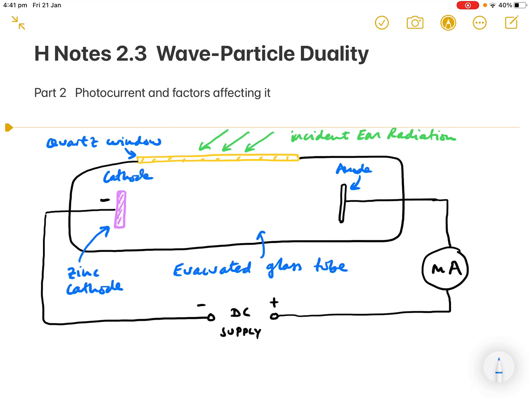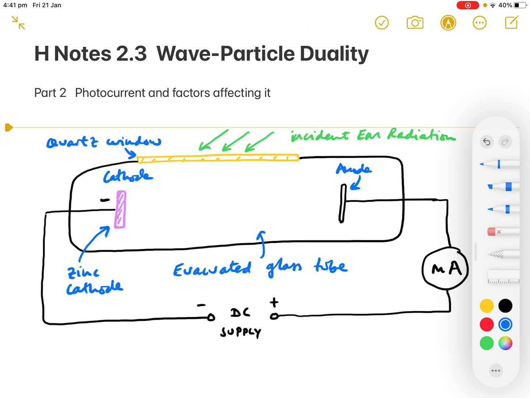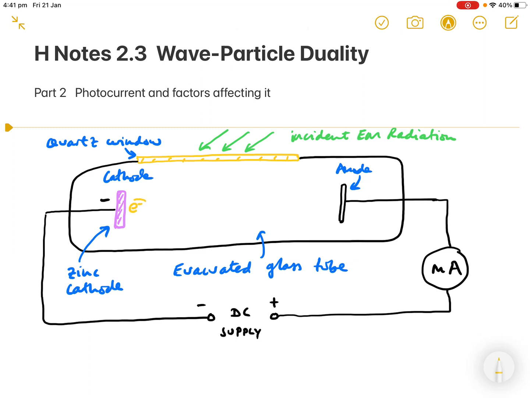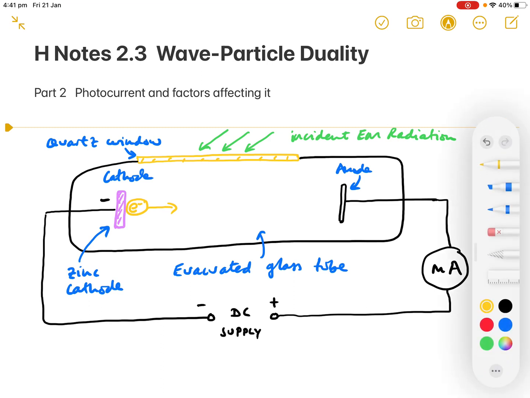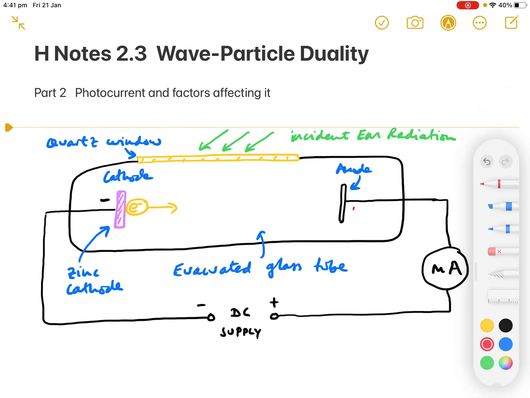So, when an electron is emitted, it's going to be attracted across to the anode, because the anode, of course, is positive. And there's no air to absorb it, so it will reach that anode, assuming it's been photo-emitted, and flow through the circuit.